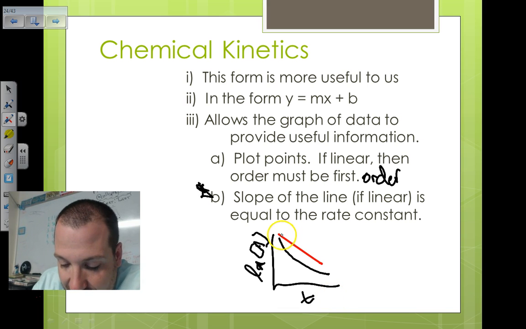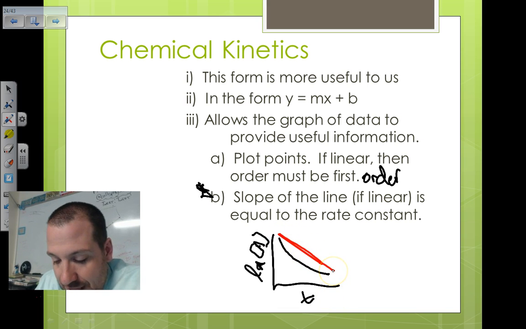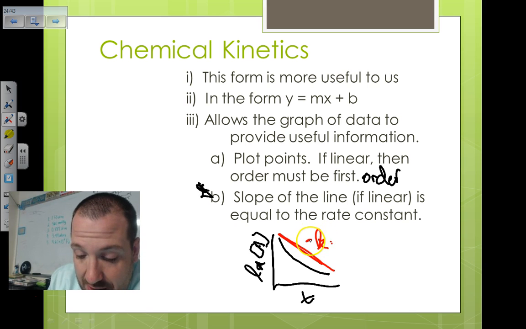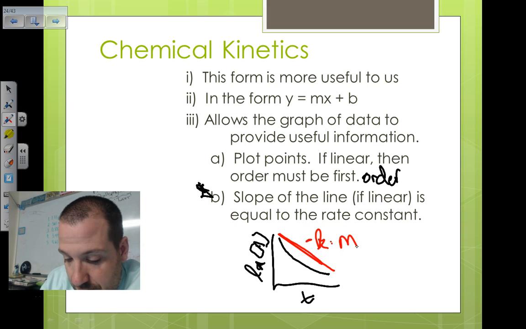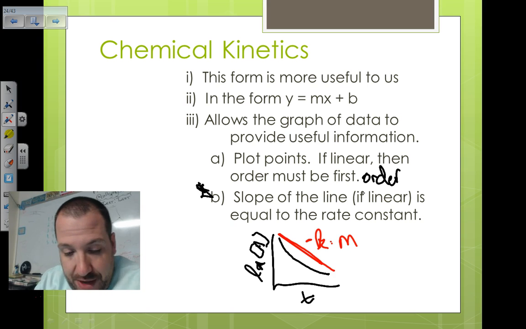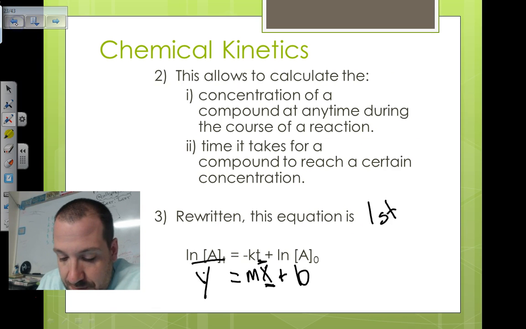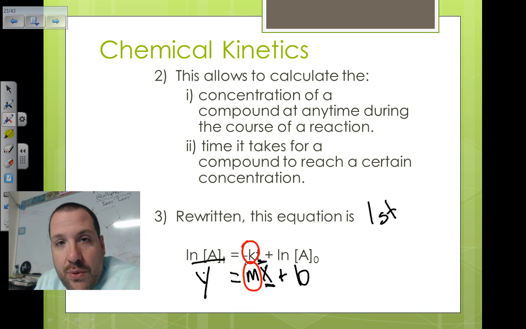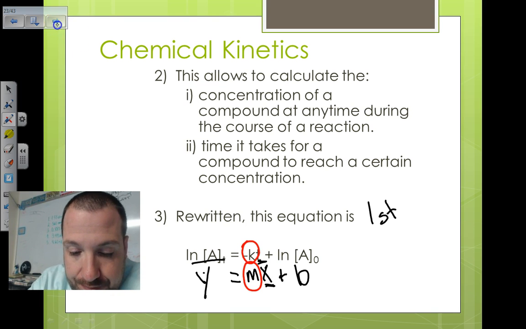If it is a line like this red line here, the rate constant k, negative k, equals the slope. How do I know that? Well, let's go back here. Negative k is the slope. So we can use this to also determine what the rate constant is for this reaction.